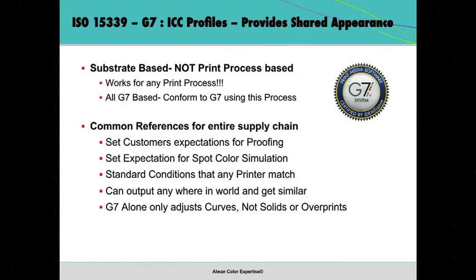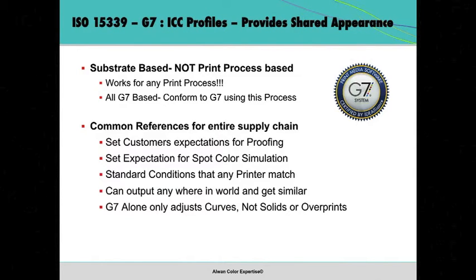Also note here that when you're using an ICC profile based on ISO 15339, you're doing things that G7 curves alone cannot do. And what G7 curves alone cannot do is they cannot fix the color of the solids or the overprints.